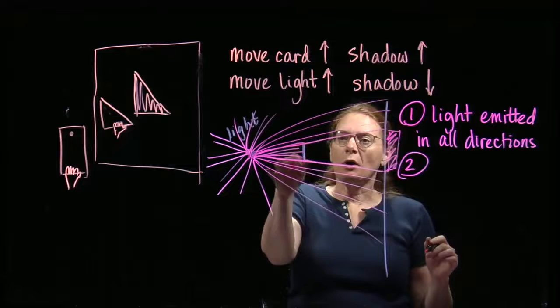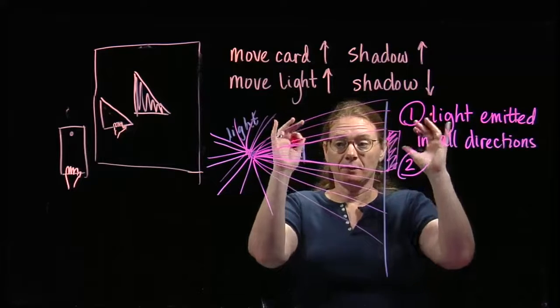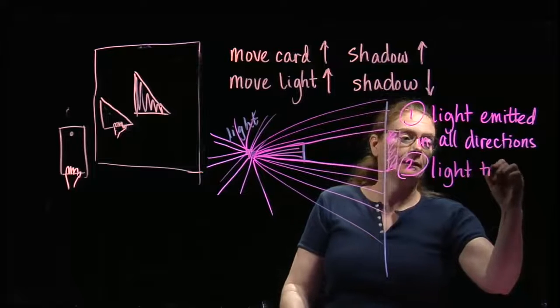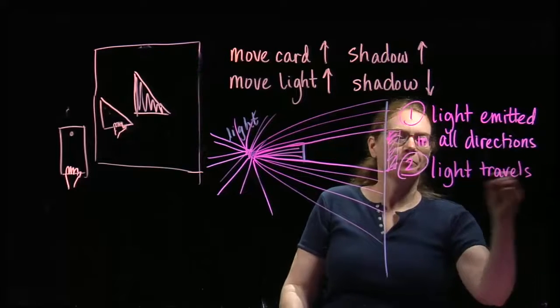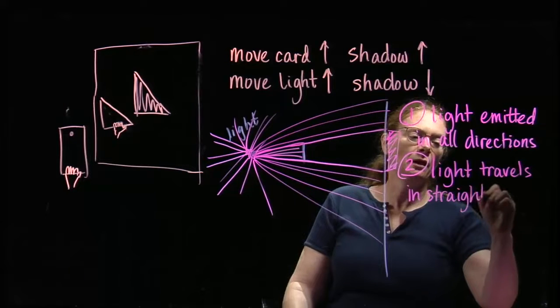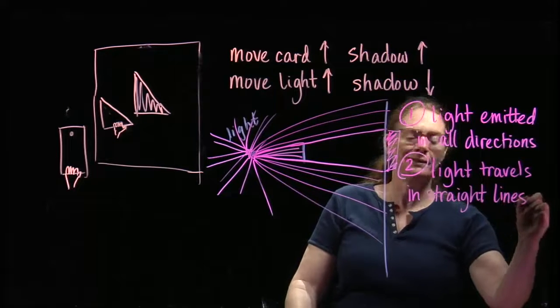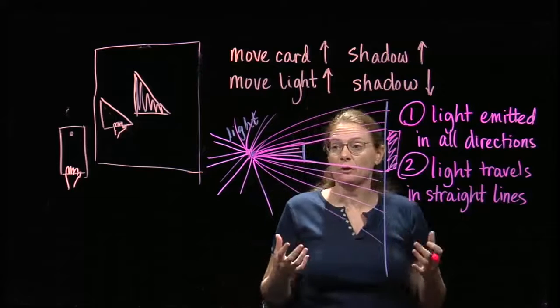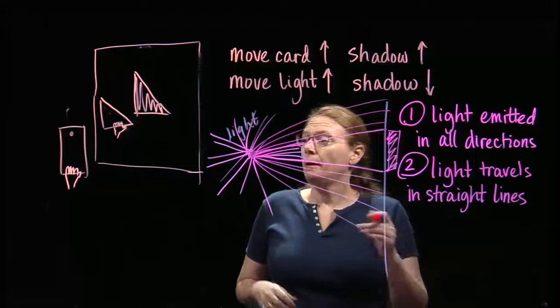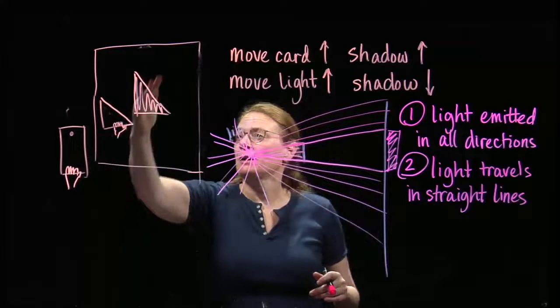So drawing straight lines is good, because what we know about light is that light travels in straight lines. So here are our two big ideas about light that we can figure out just from our basic shadows. And we can figure that out just if you line this up.